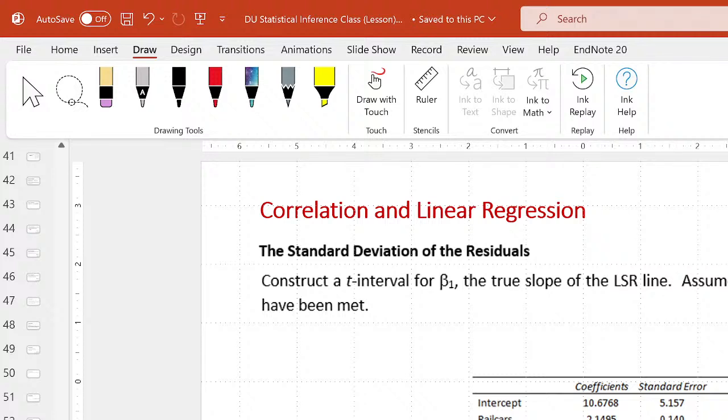Let me be clear on where all of that is. I need the standard error of the residuals. That was the 4.3613.